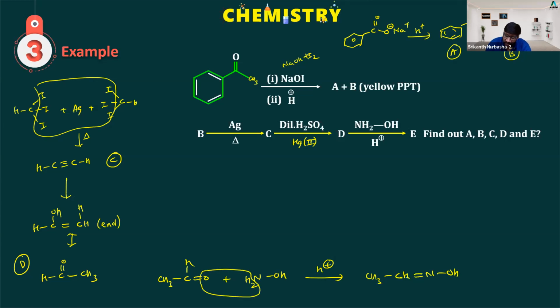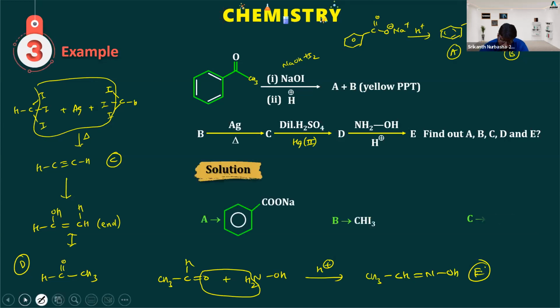You will generate CH3 CH double bond N OH, which is nothing but your compound E. So these are your respective A, B, C, D, E. And A should be C double bond OH, not ONa, because you are doing the acidification also.